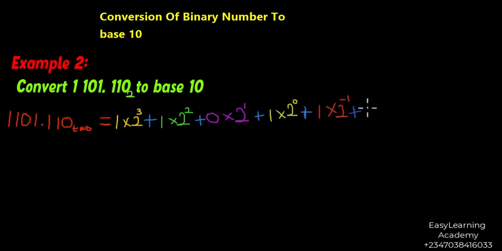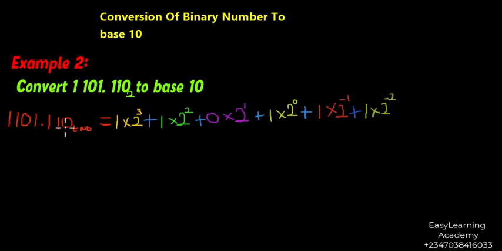So we come down and then multiply with 2. So we have 1 times 2. The power will be minus 2, since we had minus 1.